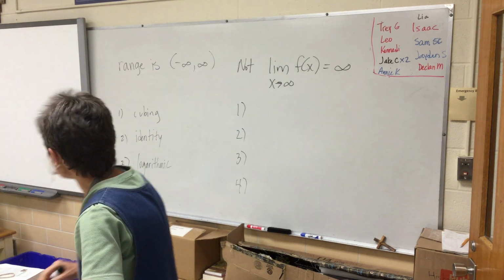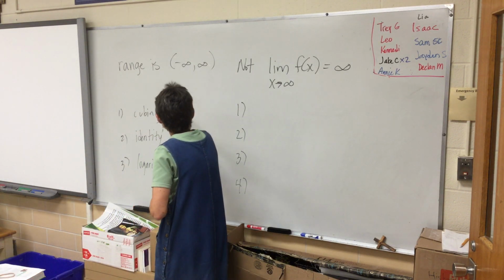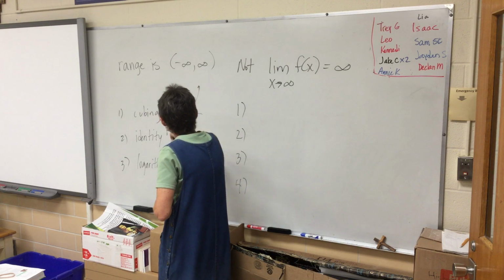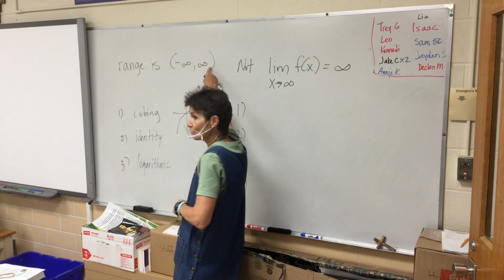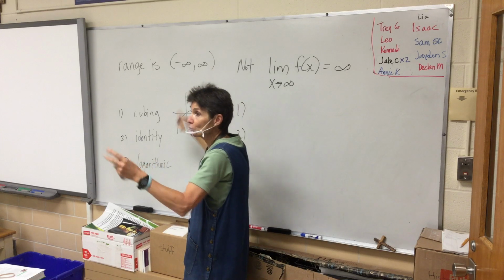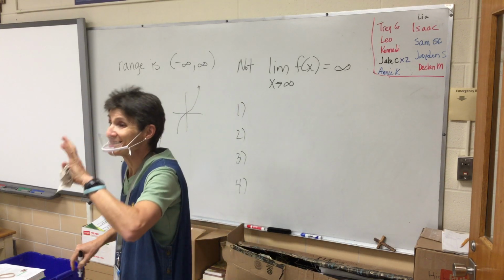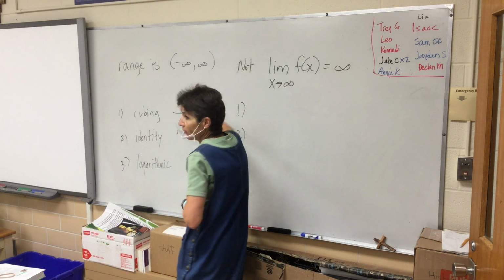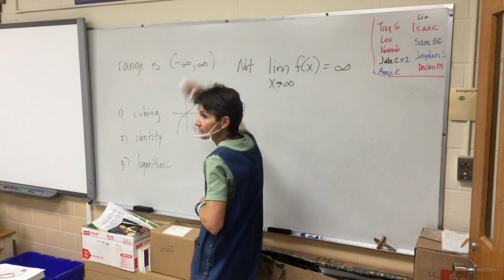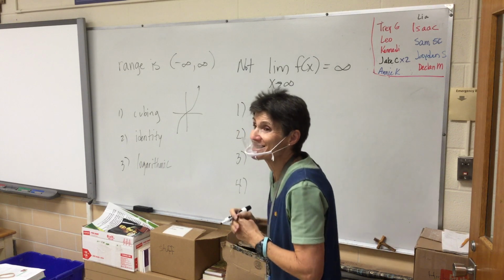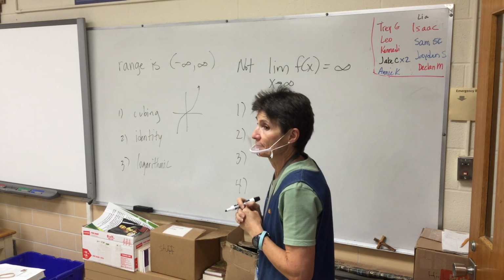Every function does that. Think of the cubing function. As you go to the right, aren't you going up? They all do that but four. Can you find the four functions that don't go up over here in quadrant 1? Are there four functions that don't do that?